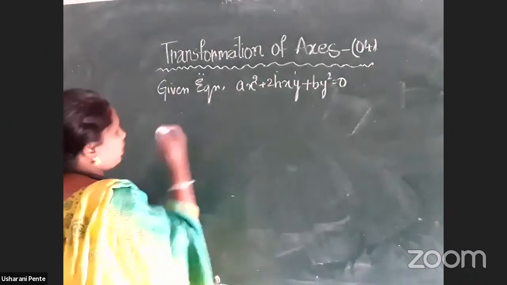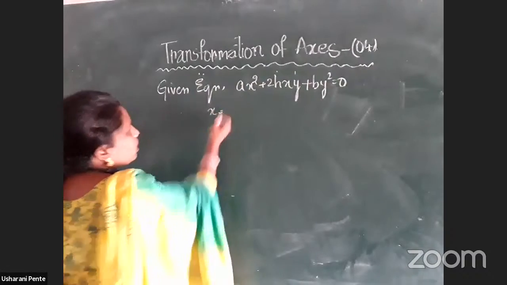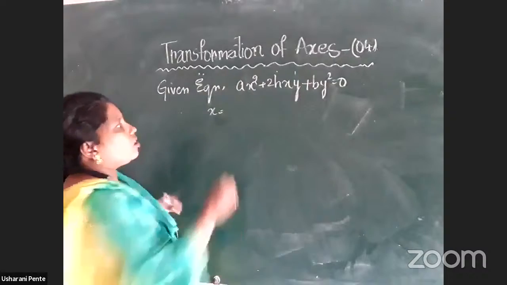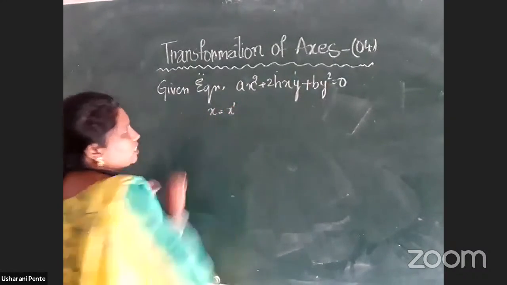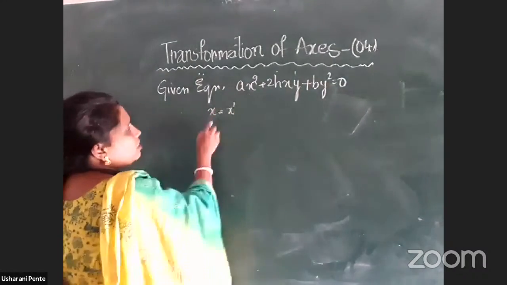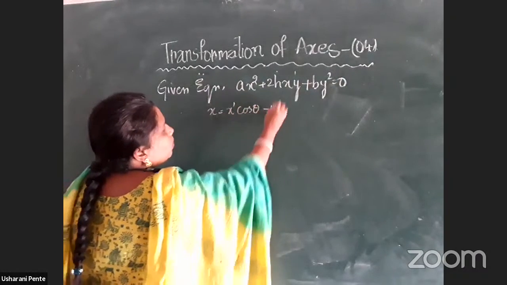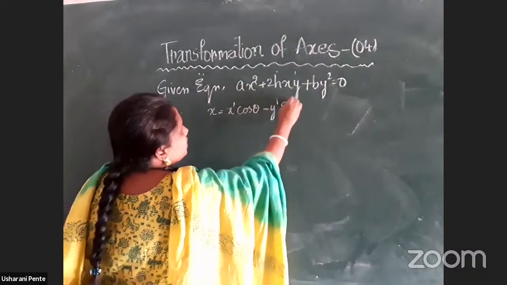In place of x, we need to substitute the coordinates of the original system, that is, x dash cos theta minus y dash sin theta.